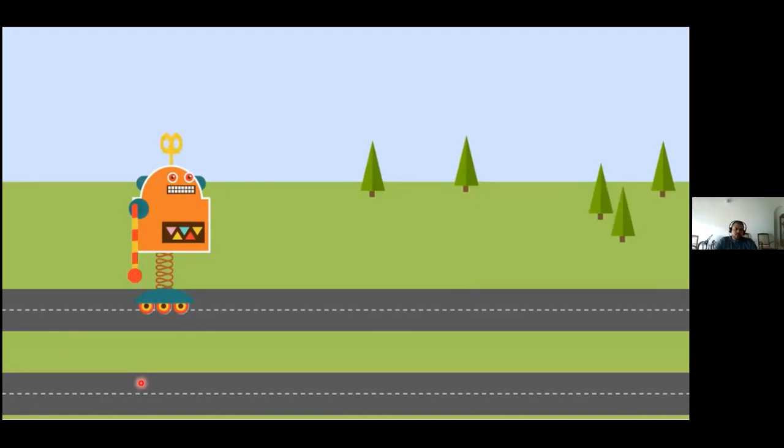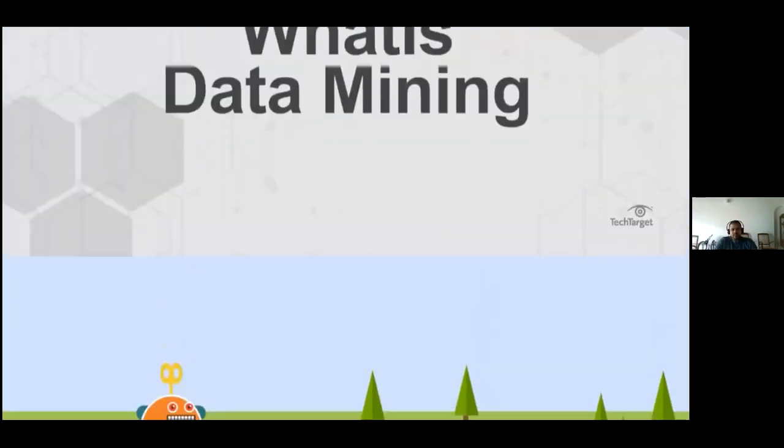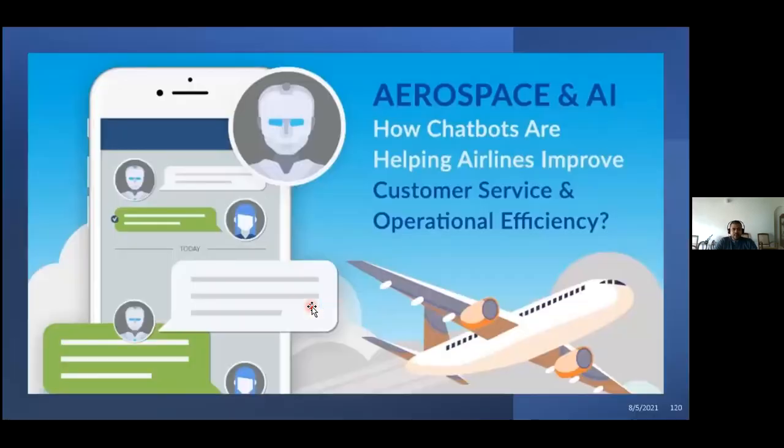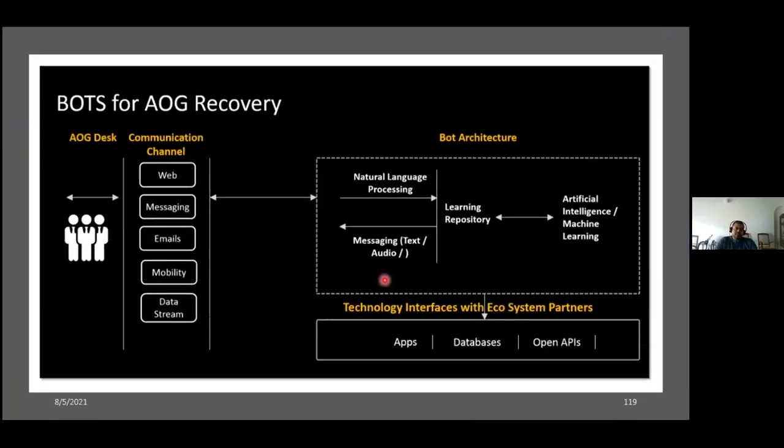If you look at an example that we shared some time back, let's use a very simple example of an aircraft on the ground. Imagine that a certain aircraft is grounded for some reason, and you are a passenger inside that plane, waiting.